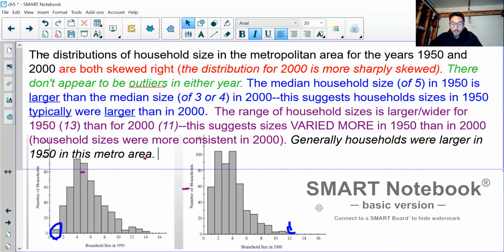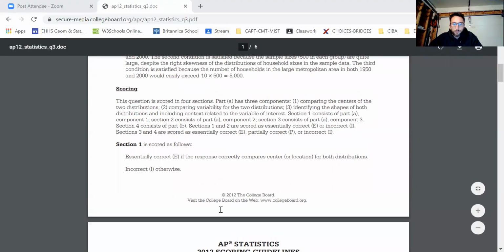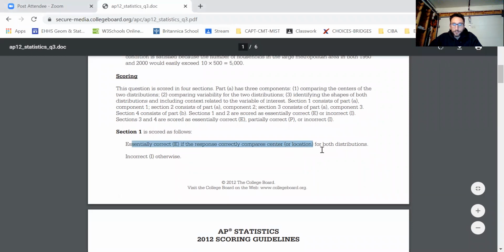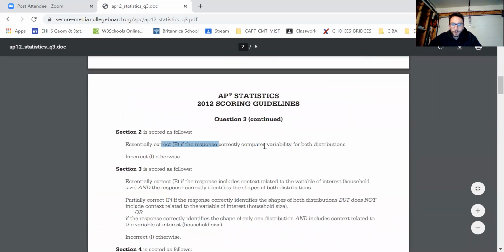But to wrap up here, let's take a quick peek and see how we did. Looking at this rubric, it is scored in 4 sections. Part 1, correctly compare center or location. We did. We compared which one had the larger median. Part 2, correctly compares variability. We did. We compared the ranges, the spread.